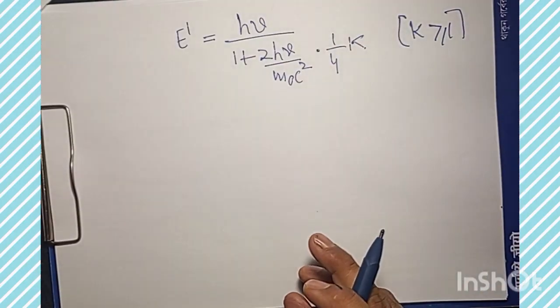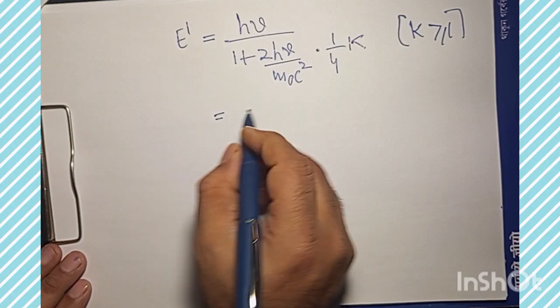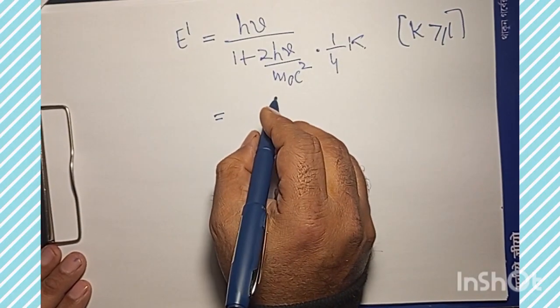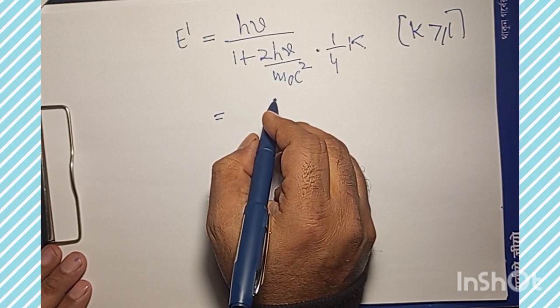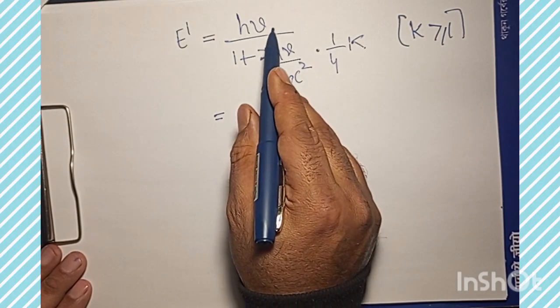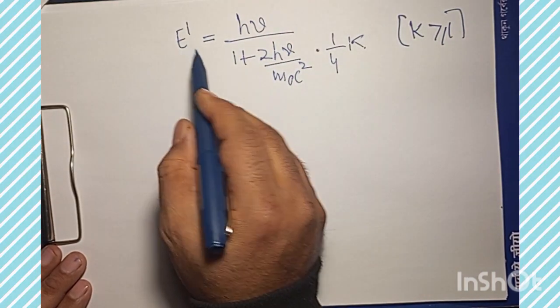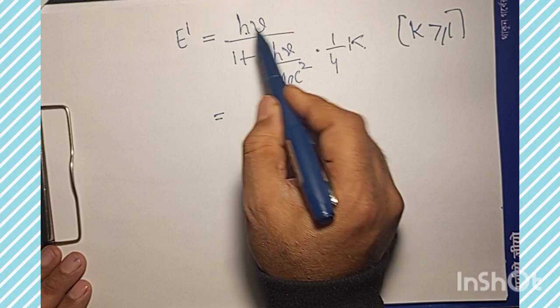If this is the case, we would like to move on and see what we will have in terms of energy. Here we have E dash, and here we have h nu.